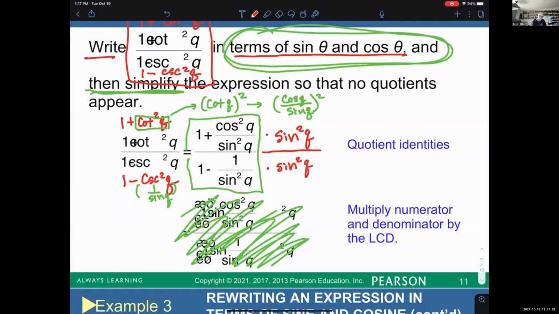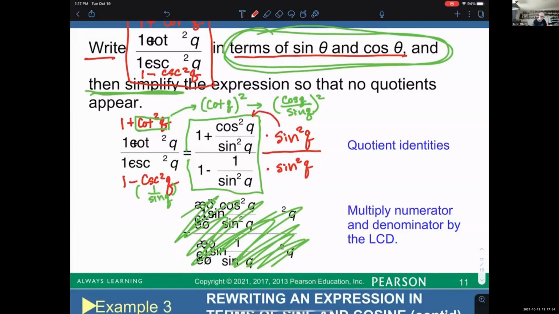So I need to multiply the top by sine squared, and I need to multiply the bottom by sine squared. When I do that, you'll see that we have to distribute the sine squared to both the fraction on the left and also to the one on the right.